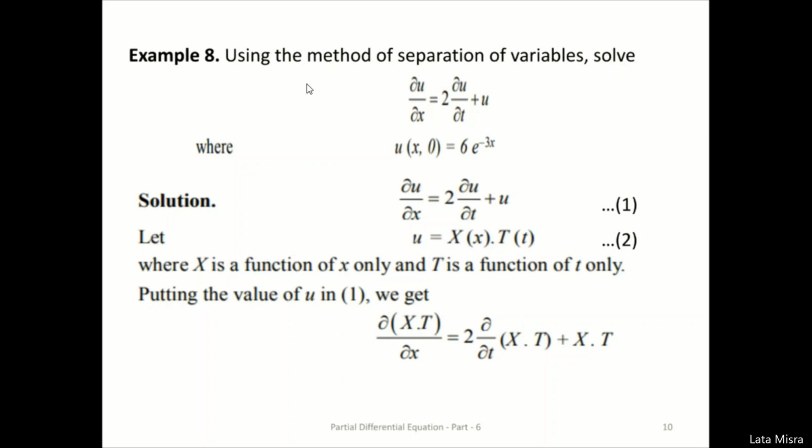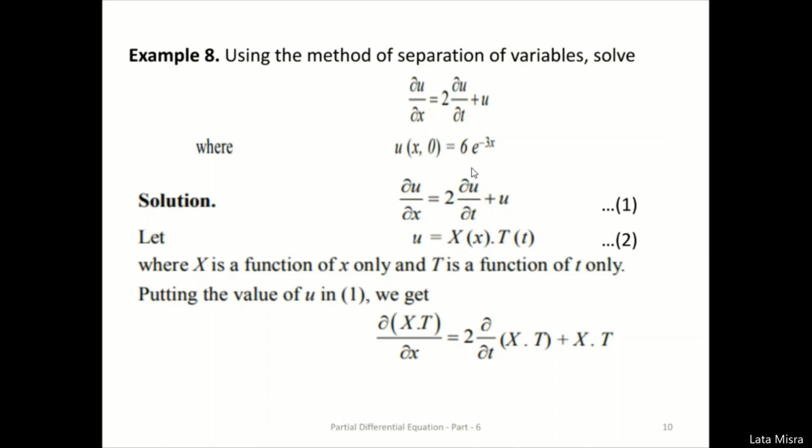See the example solved by the method of separation of variables. Here we have the partial differential equation del u by del x equals 2 del u upon del t plus u, and here we have the condition u(x,0) equals 6 e raised to minus 3x.